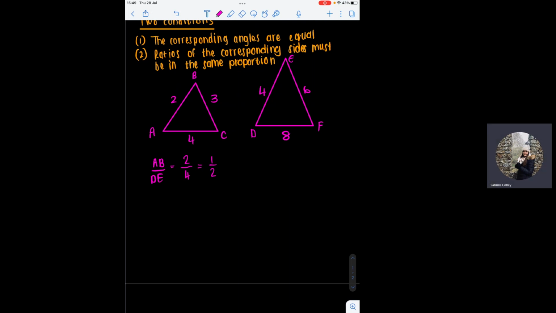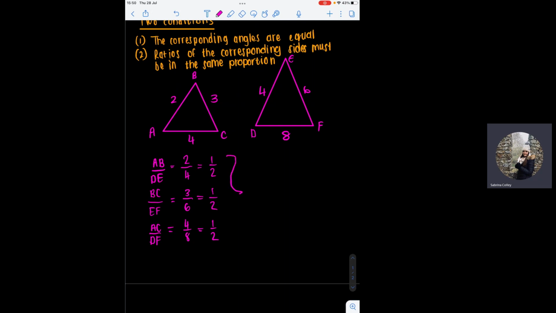Then I do my other side. So BC over EF, the relationship between those two sides, is 3 over 6, which is also a half. Then I look at the last side, which is AC over DF. That ratio, that relationship between those two corresponding sides, gives me 4 over 8, which is also a half.